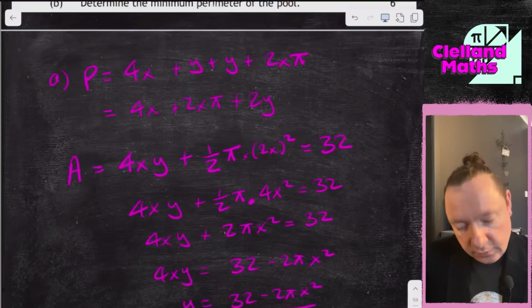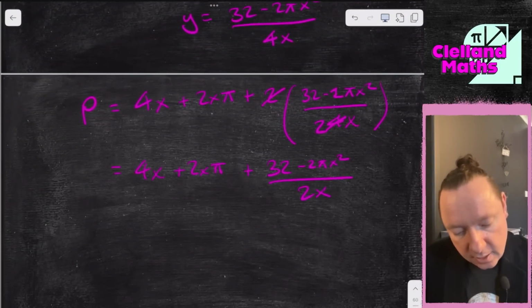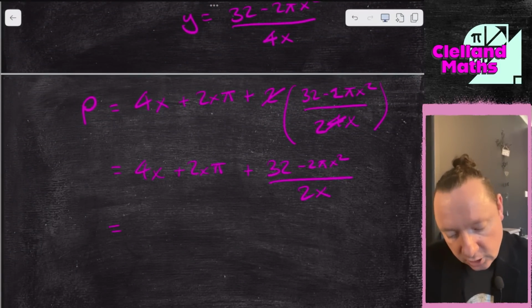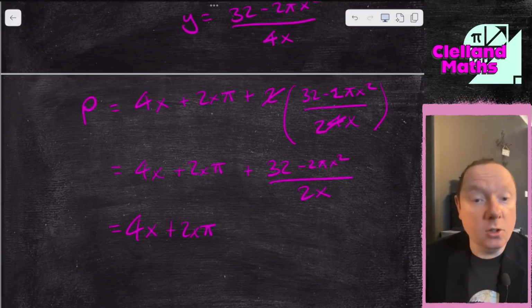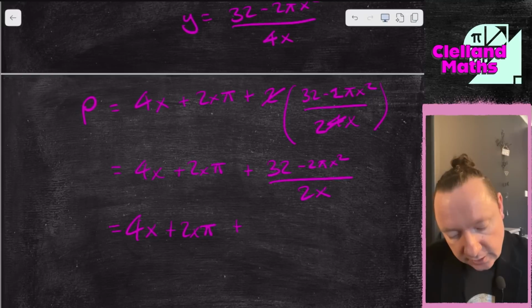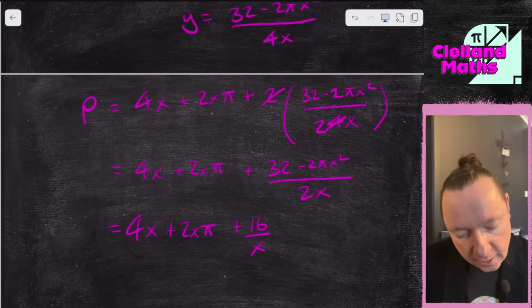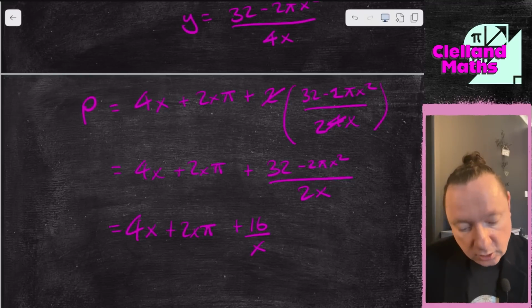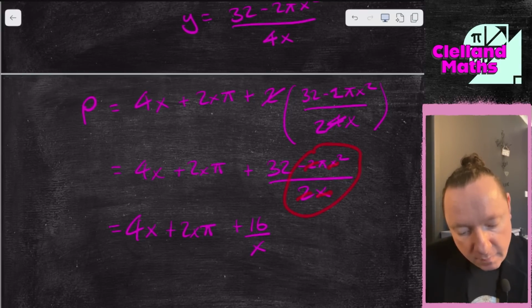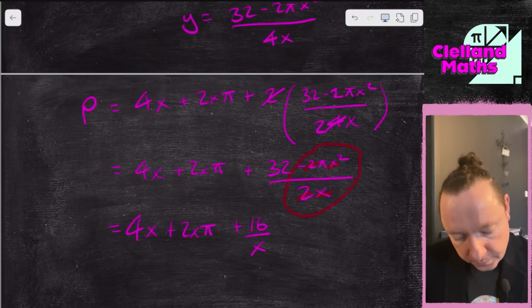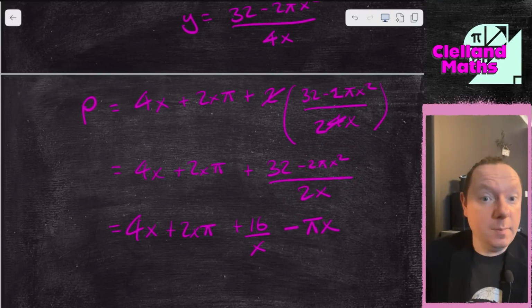So I can divide by 2. Let's see if there's any fractions in our answer. There's a little bit of x, but we can separate that out into 2 separate fractions. So we get 4x plus 2x pi. 32 divided by 2 is 16, so that gives you 16 over x for the first term. And 2 pi divided by 2 is just pi, and x squared divided by x is just x. So this term, the 2's cancel and x cancels to just give minus pi x, or x pi.